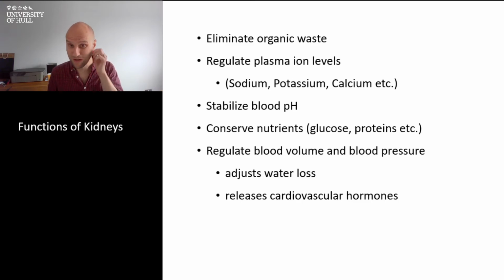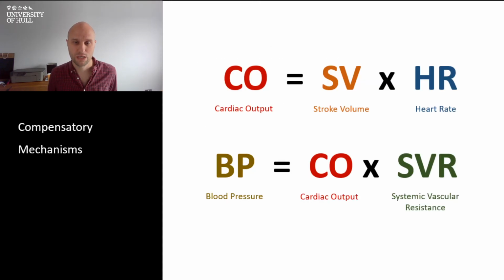And here's a quick recap of those functions, and these are the things that will be affected. In somebody with a failing or injured kidney, we very quickly will see an elevation in potassium, for instance, and also a drop in the pH, so the blood becoming more acidic as the renal injury gets worse.